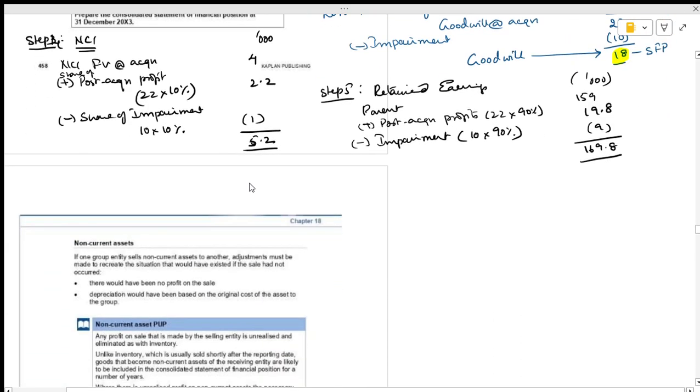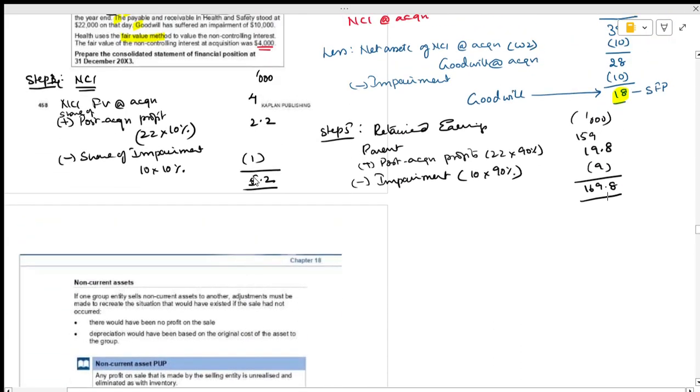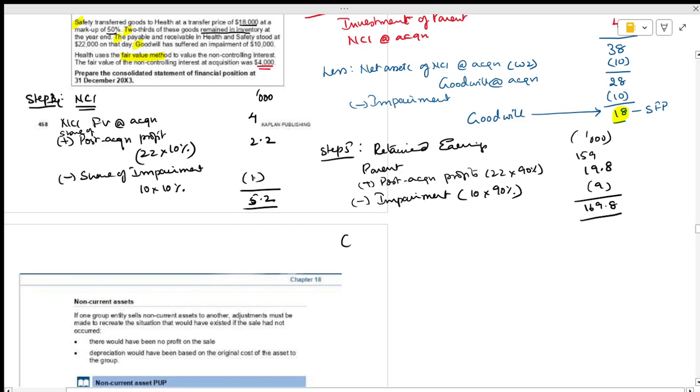Next, what do we have to do? We have to do the consolidated statement of financial position as on 31st December 2003.